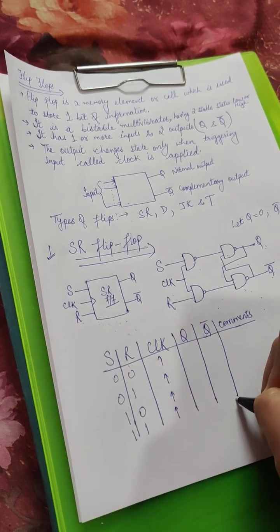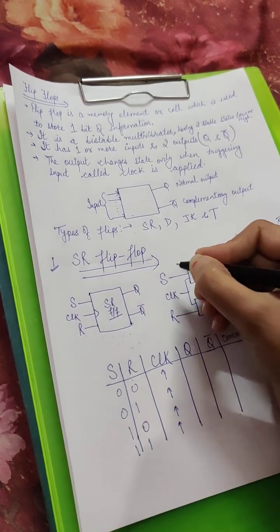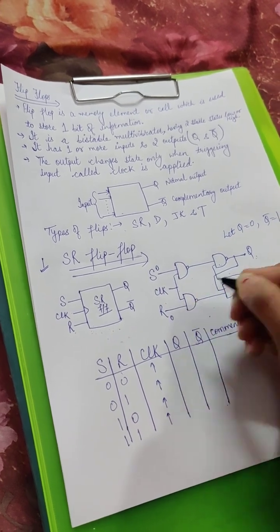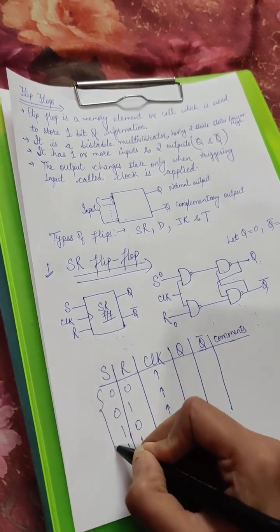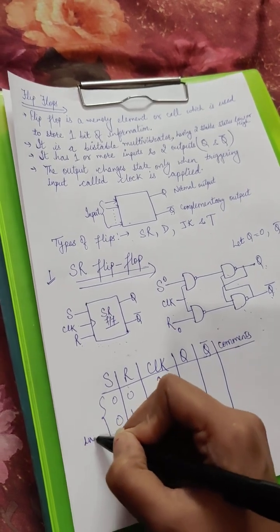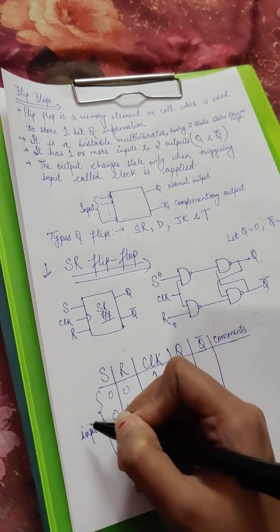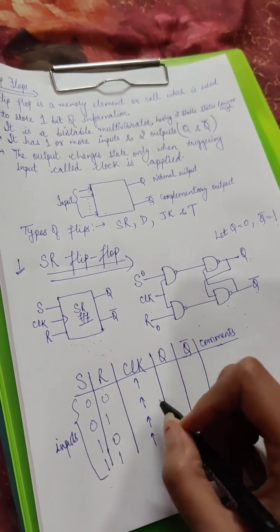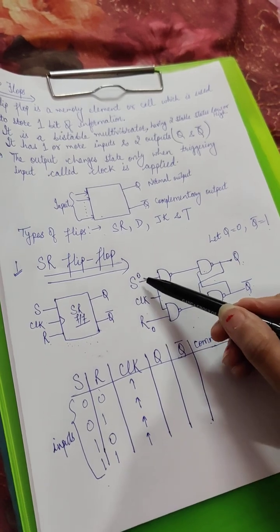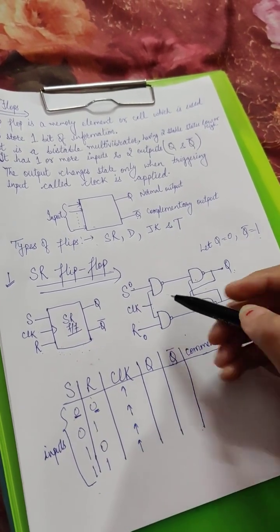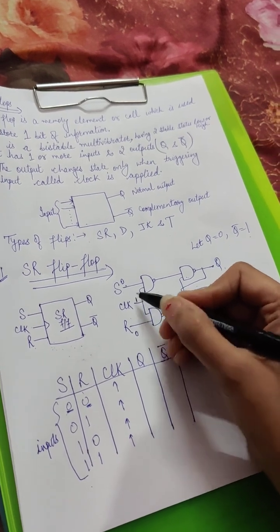In the first case, when our input is 0 and 0, these are the 4 cases for inputs. So our first case is when input S is equal to 0 and R is also 0 and clock is always 1.